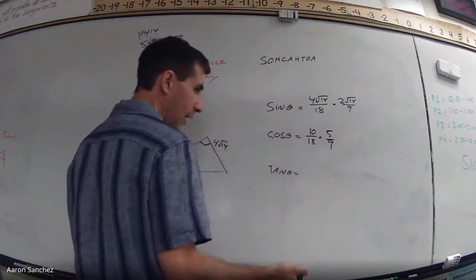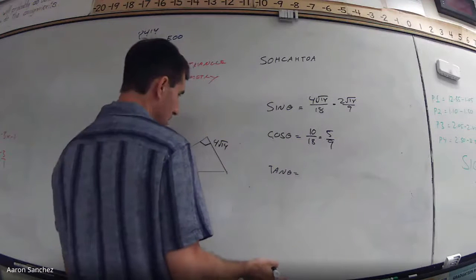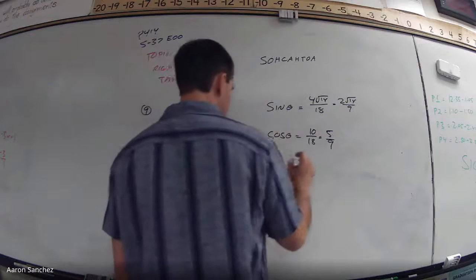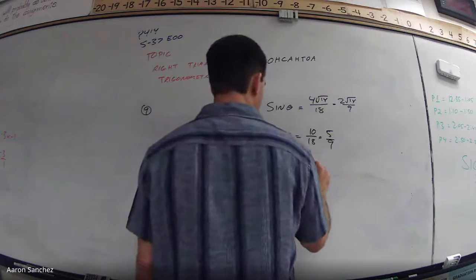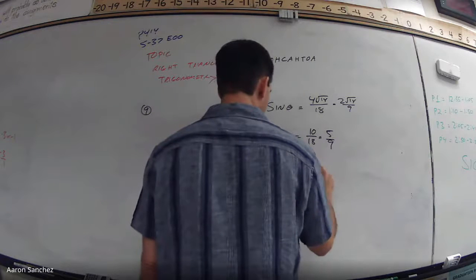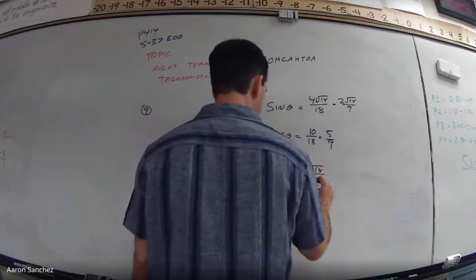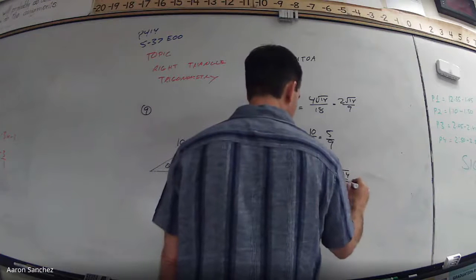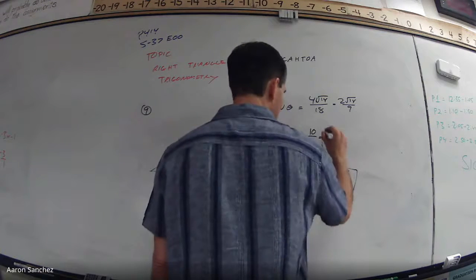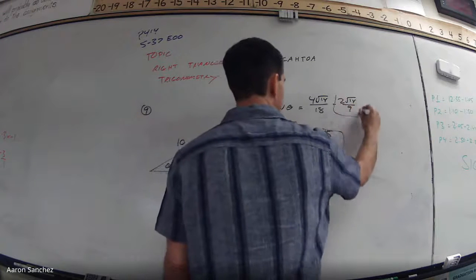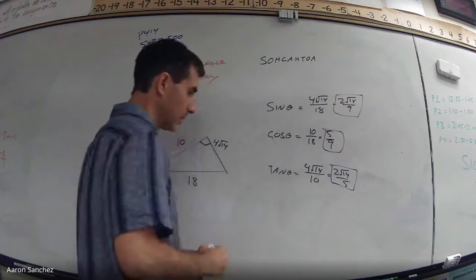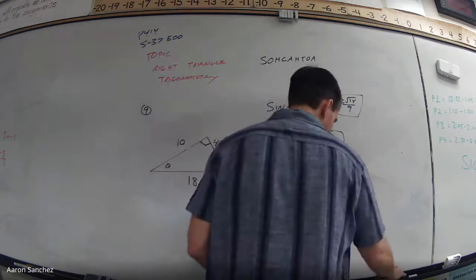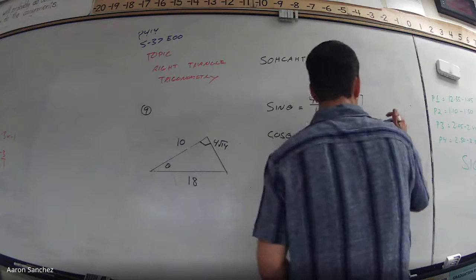Tangent is opposite over adjacent, which is 4 root 14 over 10, which is 2 root 14 over 5. Okay, here are my answers right there. Now let's do secant, cosecant, and cotangent.